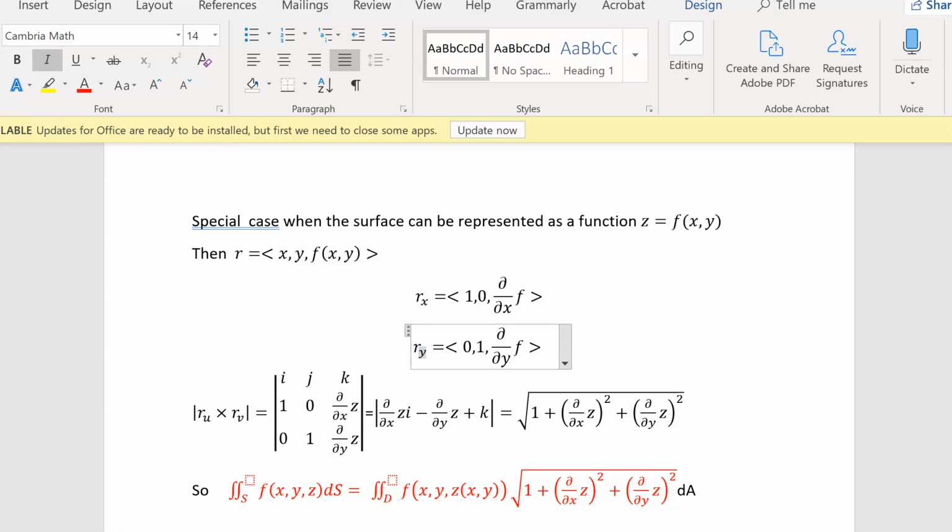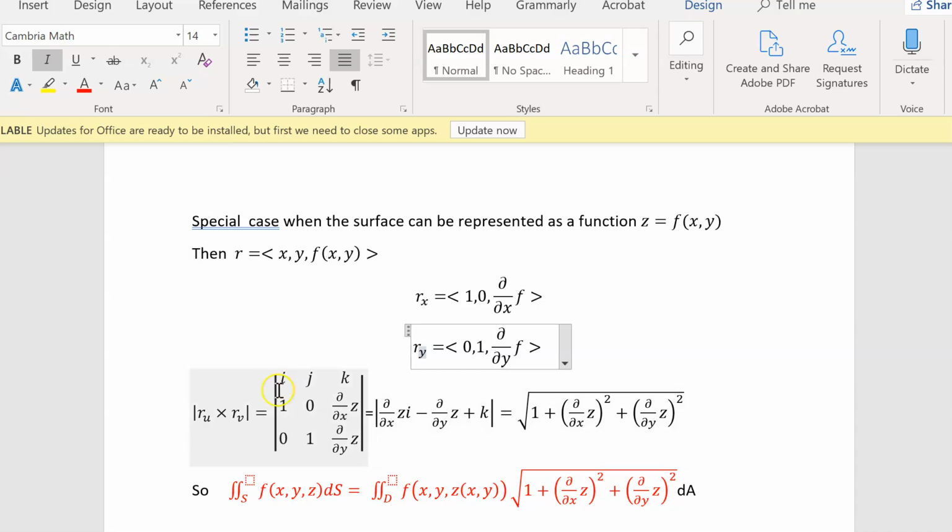Okay, and so rx cross rv, which is the same as ru cross rv, which is the same as rx cross ry. What do we have? 1, 0, partial z partial x, 0, 1, partial z partial y.